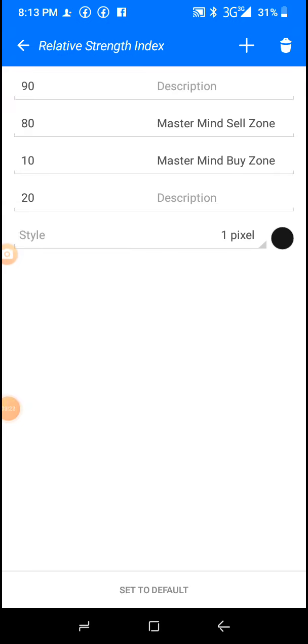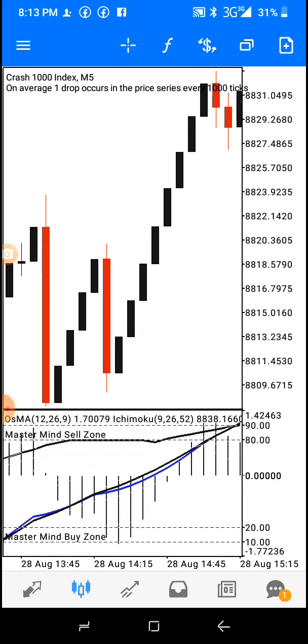For the set of levels, we have 90 and 80. For the 90 and 80 levels, we have the mastermind sell zone, and then the 10 and 20 we have the mastermind buy zone. And then you just go back and you click on done.